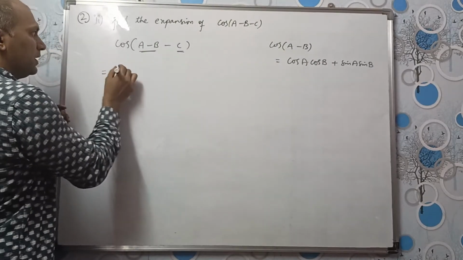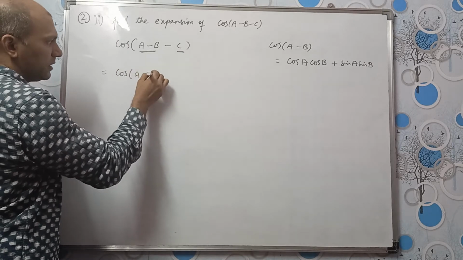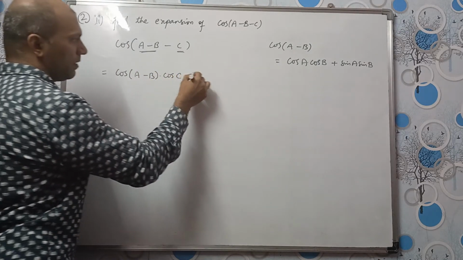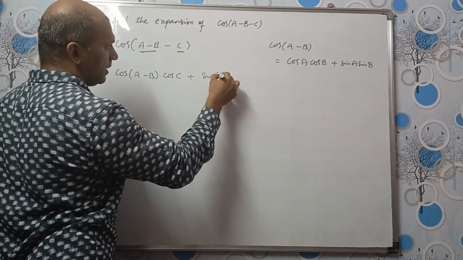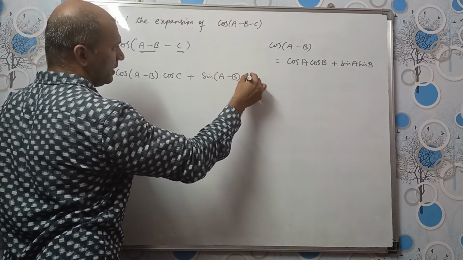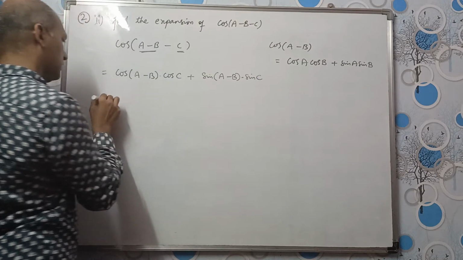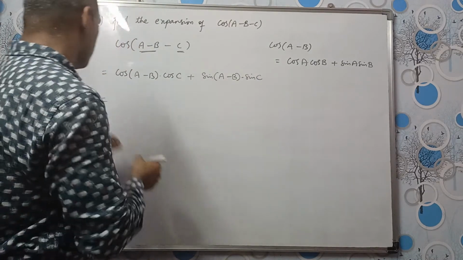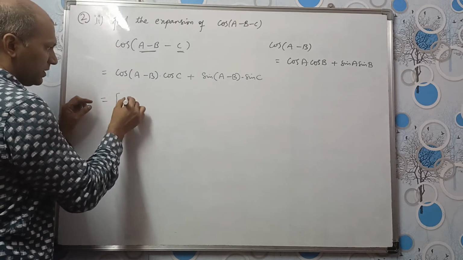Okay, so let us use this: cos a cos b plus sine a sine b. Okay, now expansion of cos a minus b and sine a minus b. What is the expansion of this?